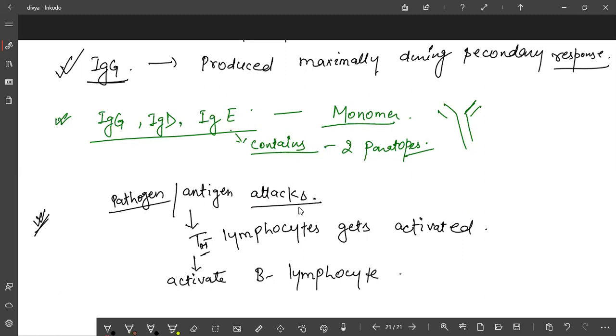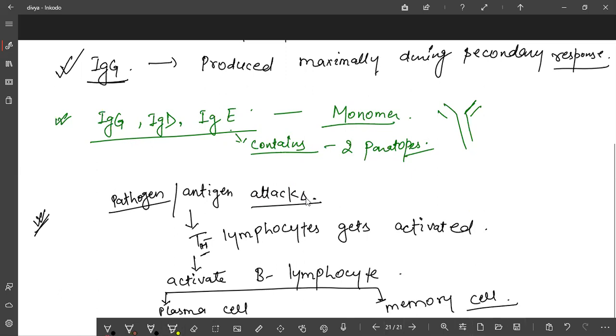Now this activated B lymphocyte differentiates into plasma cell, also called effector plasma cell, and the second one is memory cell. Is it clear to you? Now this plasma cell will produce antibodies.